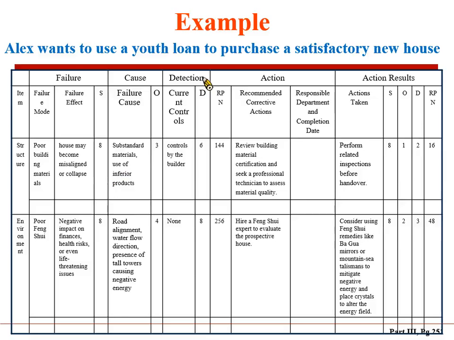Okay, and right now the control, how to inspect this, how do you know this value happens? Okay, so we can evaluate the detection. So next we calculate RPN, 8 multiplied by 3 multiplied by 6, so 144.